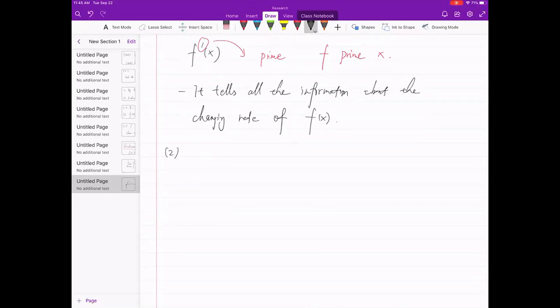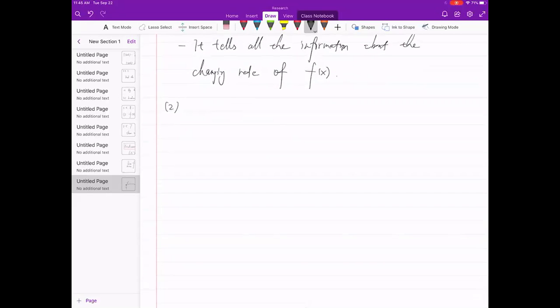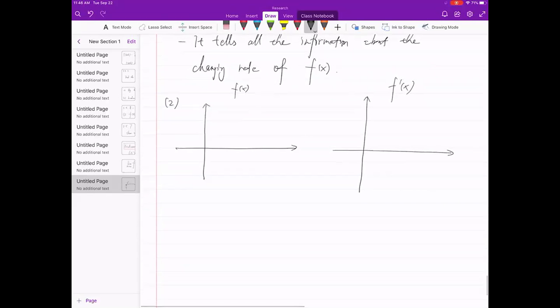Sounds good. Let's try to play a game. Let's try to see how fast we can build an impression of this. What I'm going to do is I'm going to draw the function here and the derivative of the function here. Our job is knowing one and try to think about what the other one looks like. Okay?